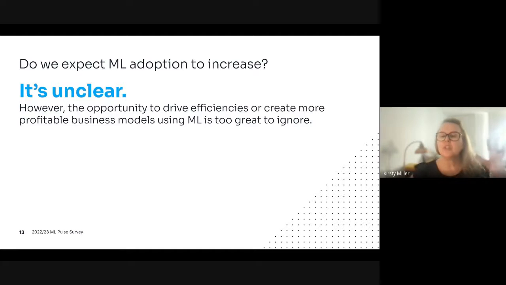The shift in business drivers that we've seen from 21 to 22 shows that people are focusing on automation and driving internal efficiencies by looking at how processes are done and using machine learning to streamline things. But they're also looking at how they can look externally and generate revenue using machine learning.